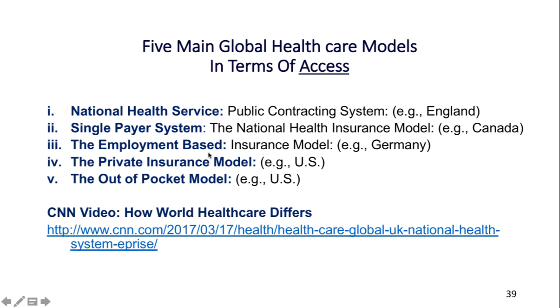The employment-based insurance is the insurance model in Germany, and for the private insurance model, the best example would be the United States. The out-of-pocket model is also best exemplified in the United States and in developing countries.